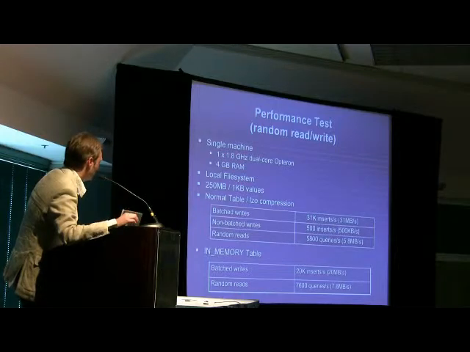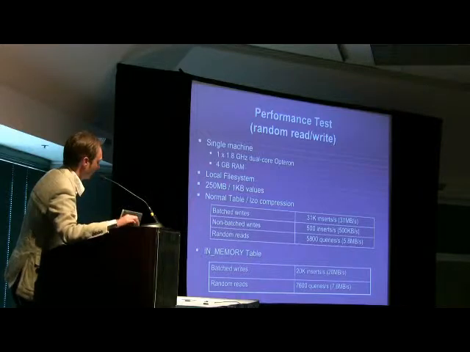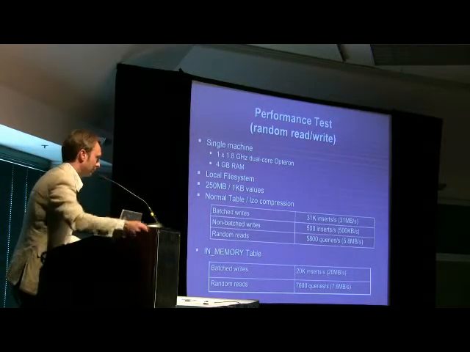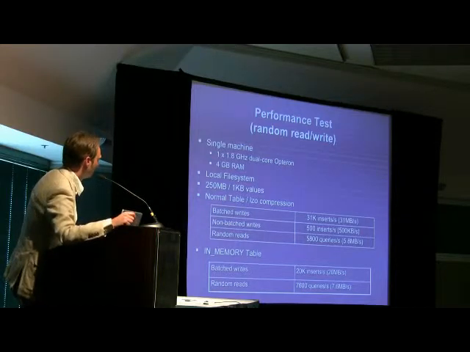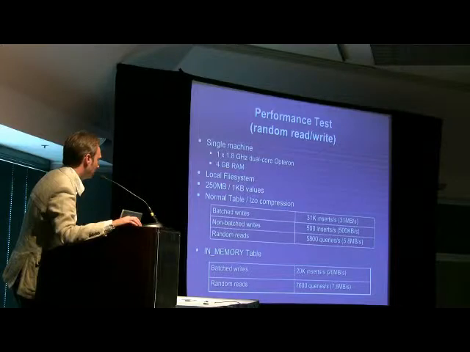In batched mode, we were doing 31,000 inserts a second, or 31 megabytes a second. And non-batched, we actually saw 500 inserts per second, which is pretty good because it's calling flush after every insert. And then random reads, almost 6,000 queries a second.